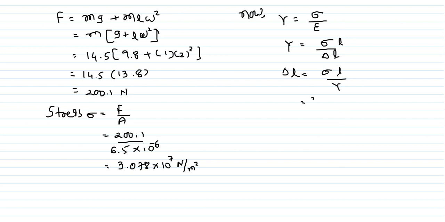That is 3.078 into 10 raised to 7. What is L? L is 1, and Young modulus is 2 into 10 raised to 11. So friends, when you solve this, you have the answer: 1.539 into 10 raised to minus 4 meter.